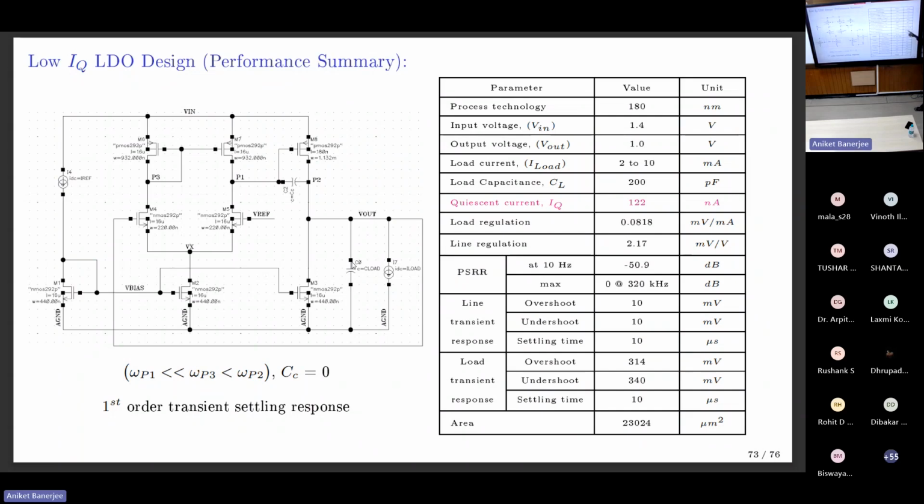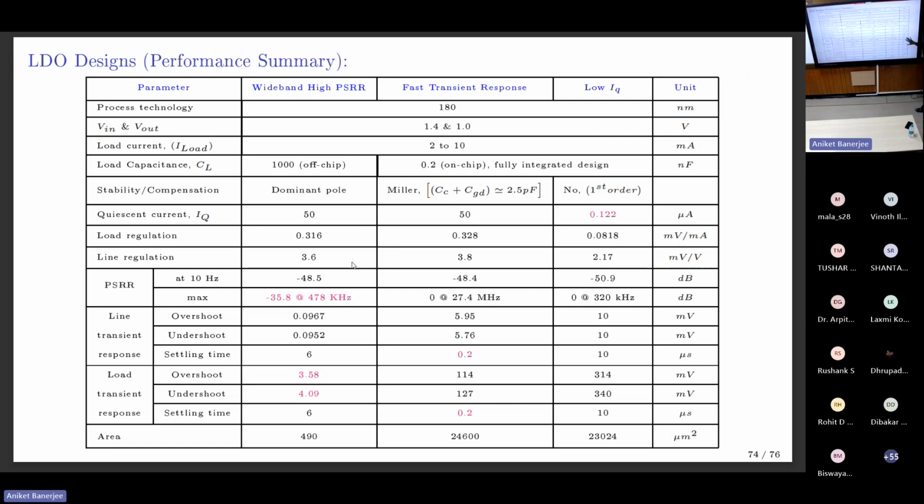So the LDO designed with this quiescent current using the tied back GM by ID or IDBW methodology works fine here as well. This is the comparison of the three LDOs we have looked at today. First one is wideband high PSRR, meaning at high frequency also it has very good PSRR. Second one, fast transient response, 200 nanosecond. Third one, low quiescent current design, 120 nanoampere.